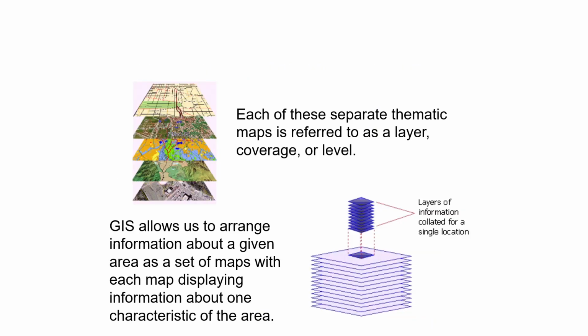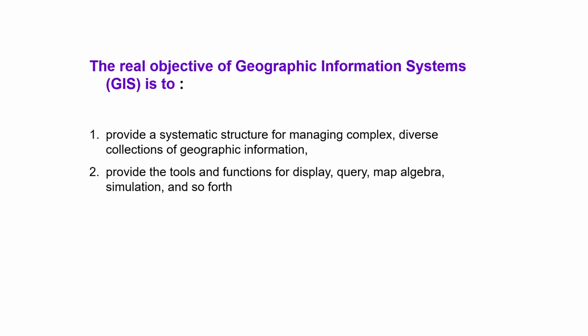Each of these separate thematic maps is referred to as a layer, coverage or level. GIS allows us to arrange information about a given area as a set of maps, with each map displaying information about one characteristic of the area.